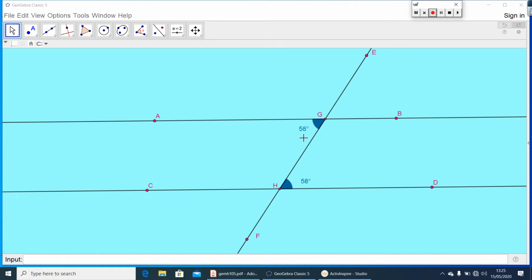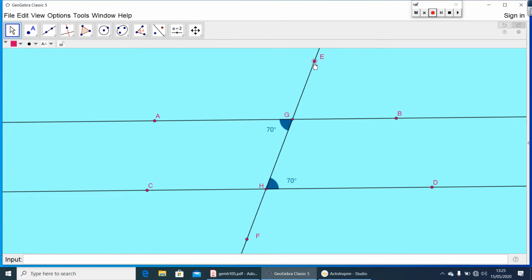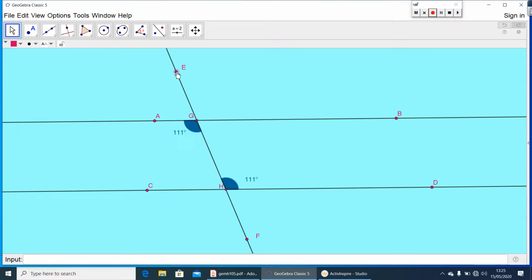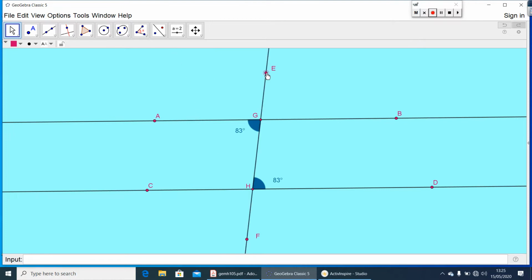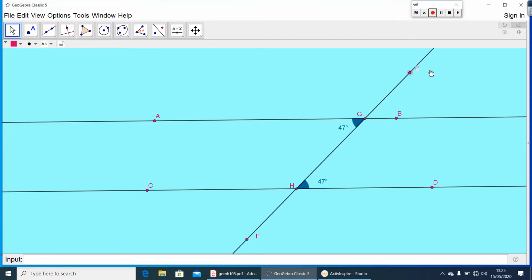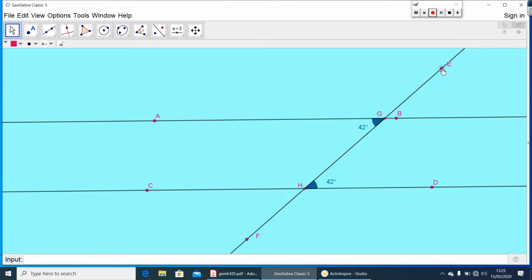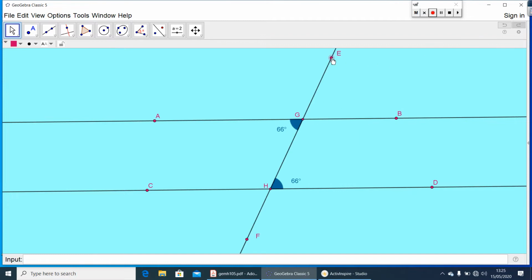Here also you can see both the alternate interior angles are equal. Now let me change the position of the transversal. Here in all the cases you can say alternate interior angles are equal.